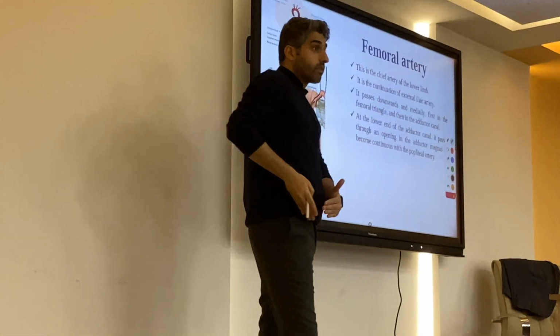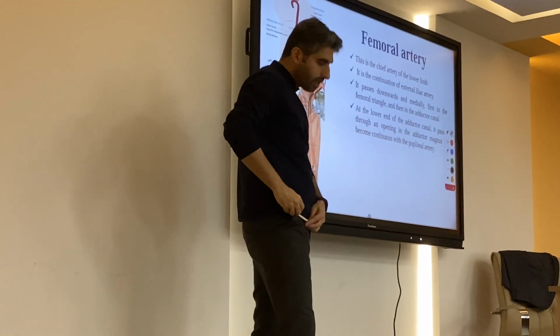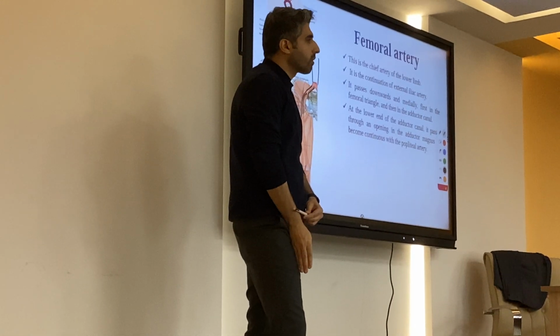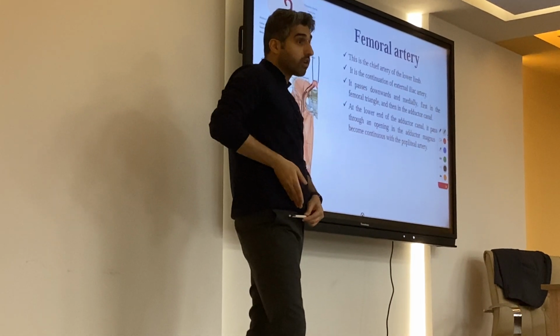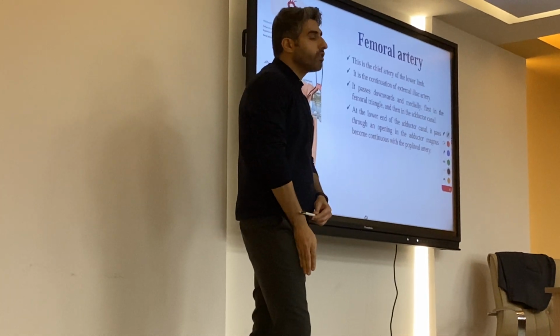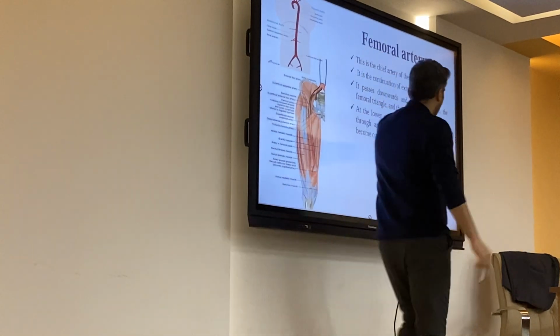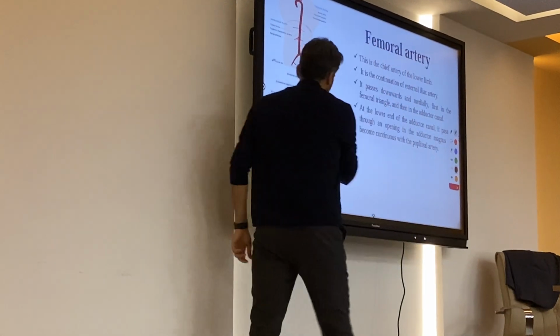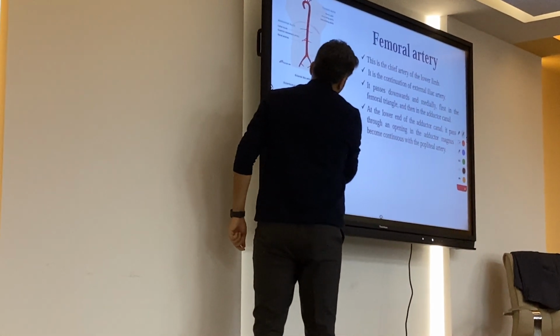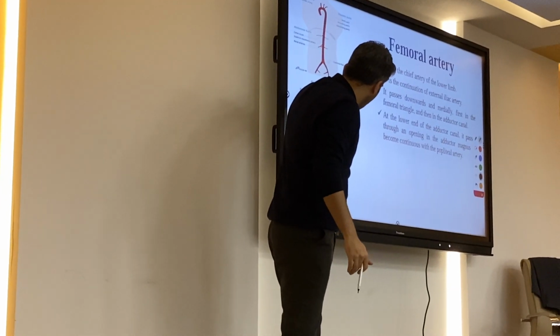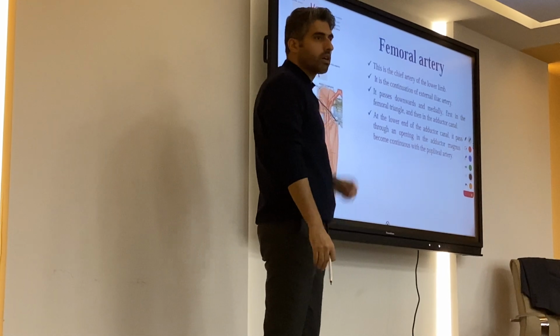After passing the inguinal ligament, the name of the external iliac artery changes to the femoral artery. Look at the picture. This is the inguinal ligament, and the external iliac changes to the femoral artery.